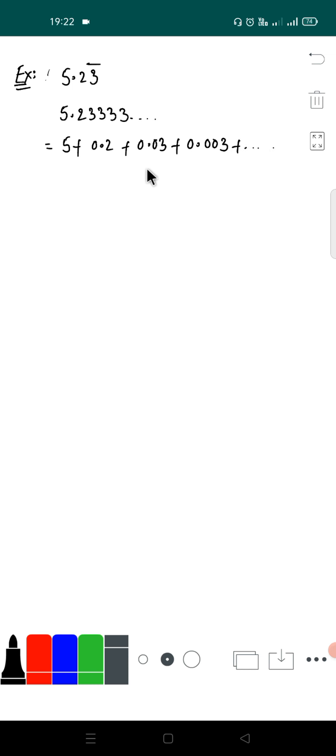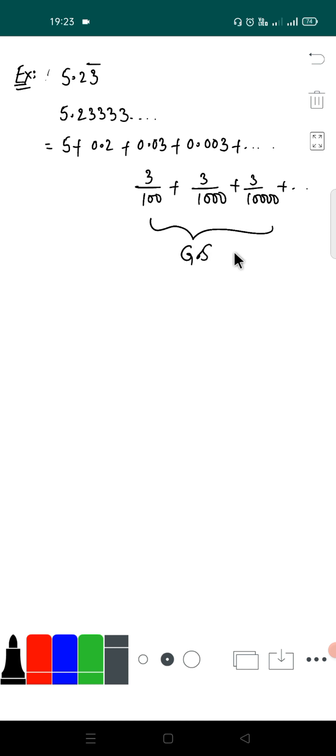So now this is 3 by 100, 3 by 1000, 3 by 10,000 and so on. So this is a geometric series. Now we try to simplify this one, because we know that this is convergent, because the constant ratio is 1 by 10. This is an infinite geometric series with r equal to 1 by 10, which is convergent.